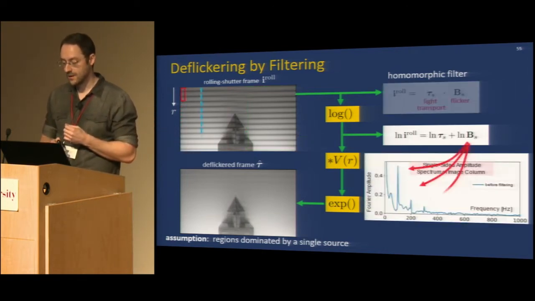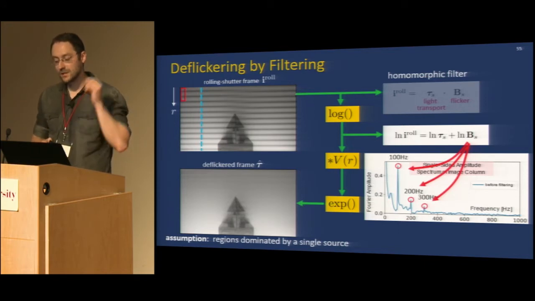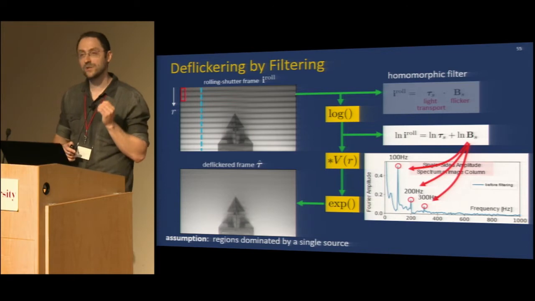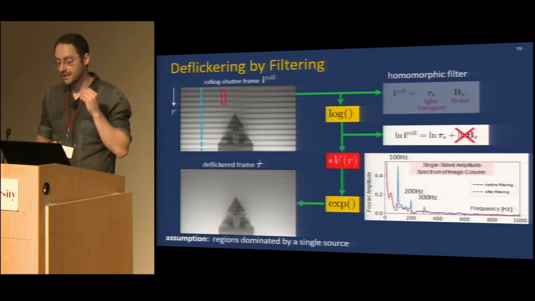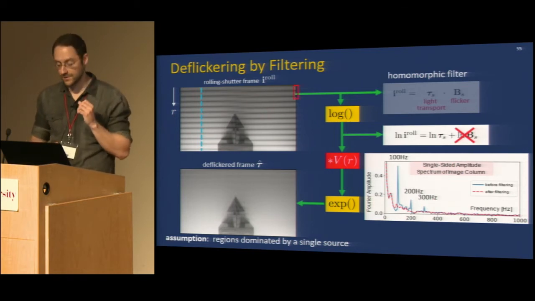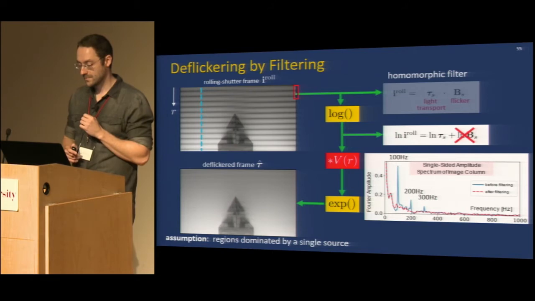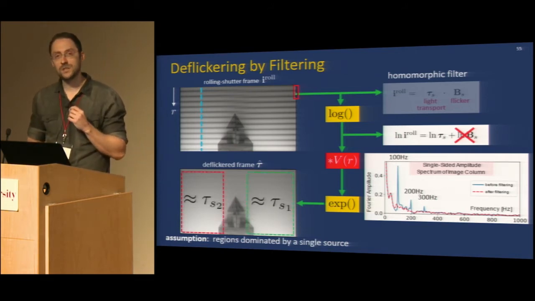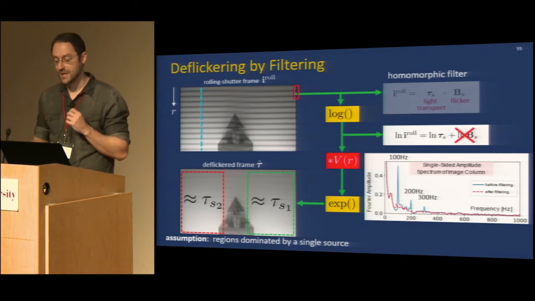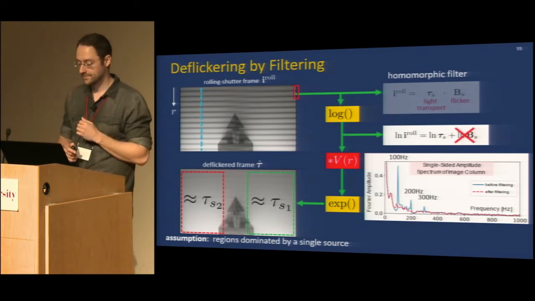Now, the spectrum of a single log image column shows the spikes that correspond to the flicker frequency and its harmonics. Now we apply a linear vertical filter that blocks these spikes and removes the flicker component. And similarly to the DC image, the resulting image approximates the light transport in the single source region.